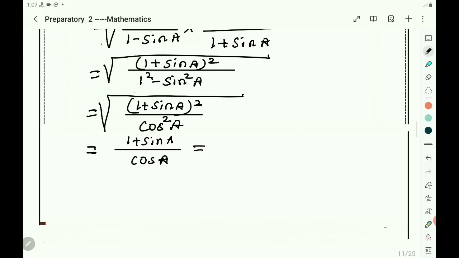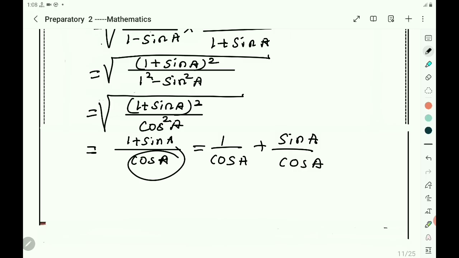Then that equals, here separate 1 by cos A and sin A by cos A. Take separate denominator for 1 and sin A. Then write 1 by cos A plus sin A by cos A. Take cos A below 1 and take cos A below sin A, equals 1 by cos A is secant A plus sin by cos is tan.